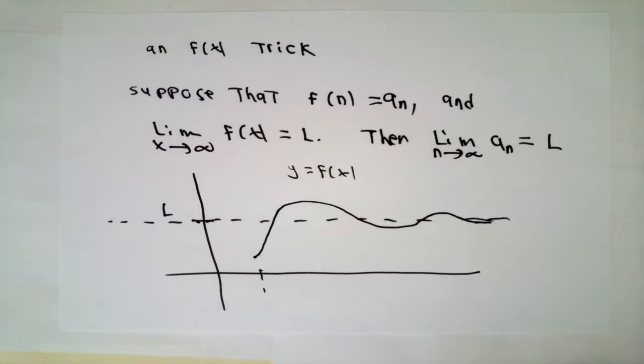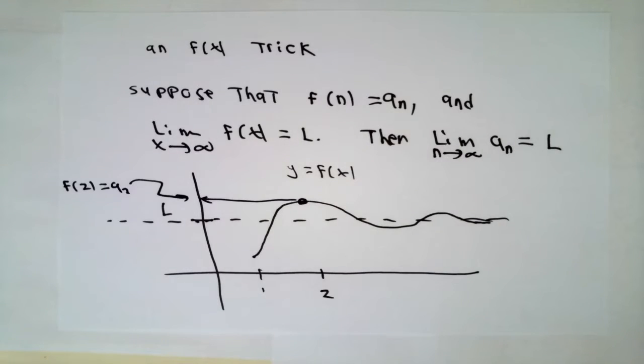So if I make the x large enough, the f of x has to approach L, meaning that the y-coordinate on my graph has to get close to L as well. This is true for all x's that are big, in particular the x's that we're really interested in.